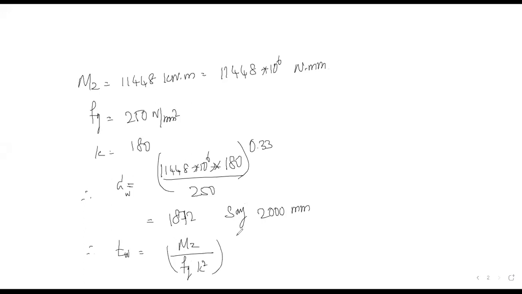This is the formula, power 0.33. Then it becomes 250 into k square, so k value is 180 square, power 0.33.